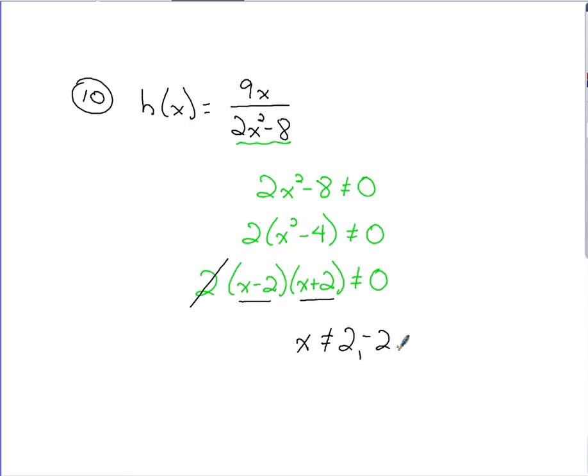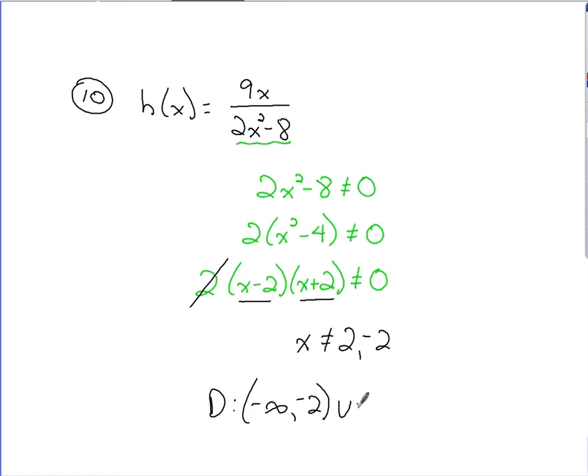So if we're writing our domain in interval notation, it would be really all real numbers but those two. So if we're going to do all real numbers, we take our trip going left to right, starting at negative infinity, going up to, in this case, negative 2 to start. That's the smaller of the two values we found. And we can't include it, so parentheses.